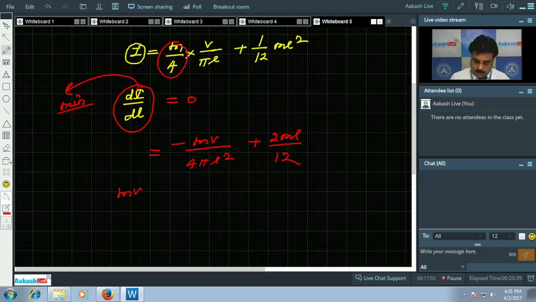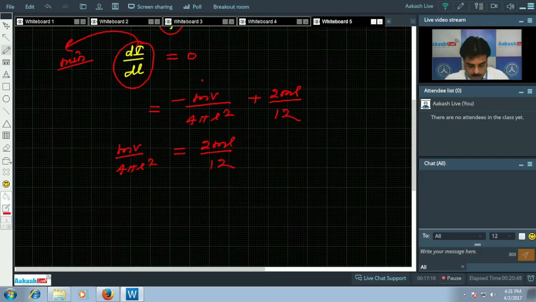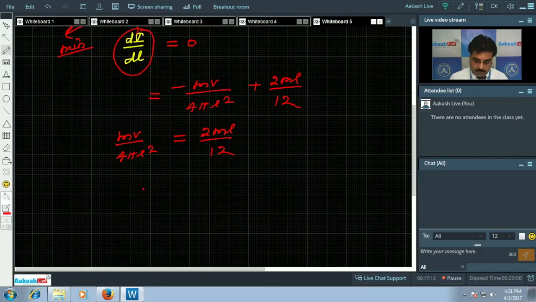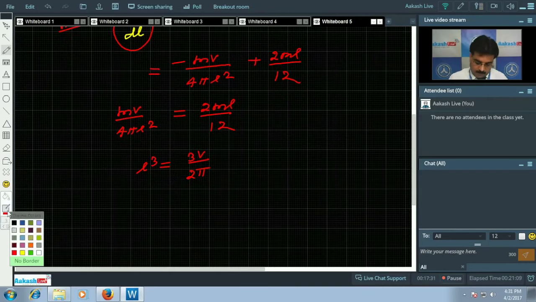So now mv upon 4 pi L square is equal to 2 times of mass m and 12. By this, on solving, we will get the value of L cube, that will give you 3v by 2 pi.